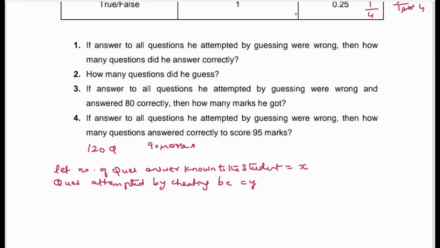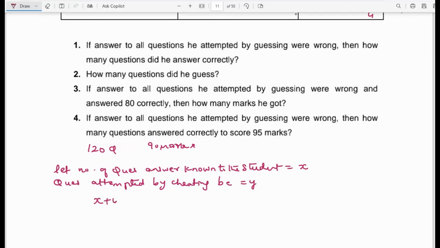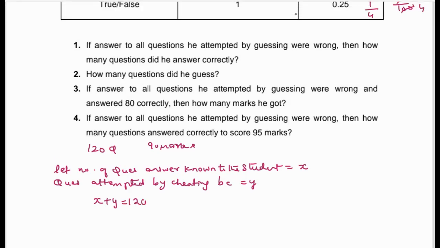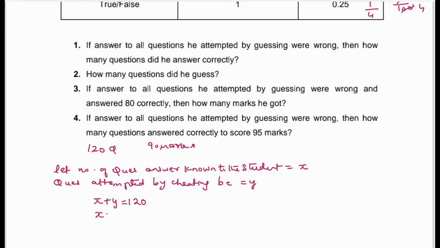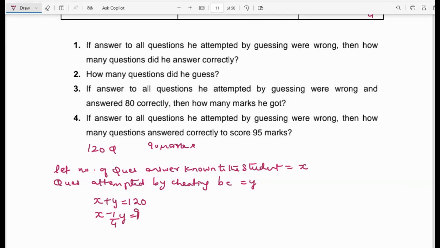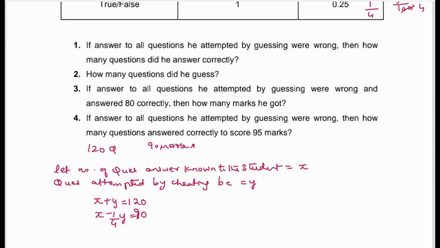So now when he is answering, x plus y is equal to 120. His score is x minus 1 by 4 y equals 90. Some questions he knows and some questions he answered wrong.